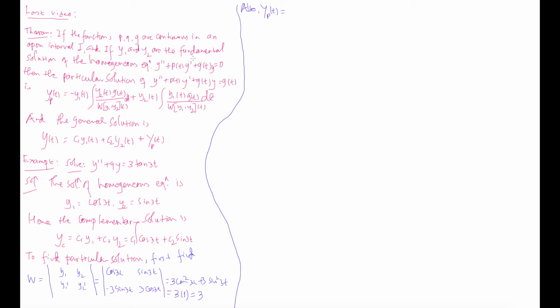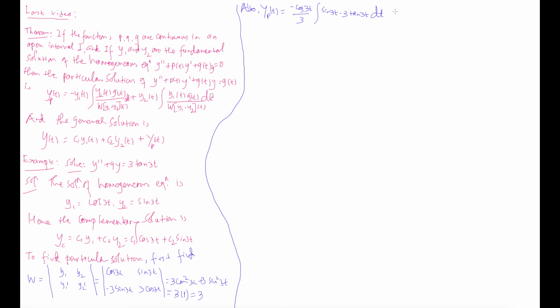So I get negative cosine 3t divided by 3, times the integral of y2(t) g(t). y2 is sine 3t, and g(t) is 3 tangent 3t dt.